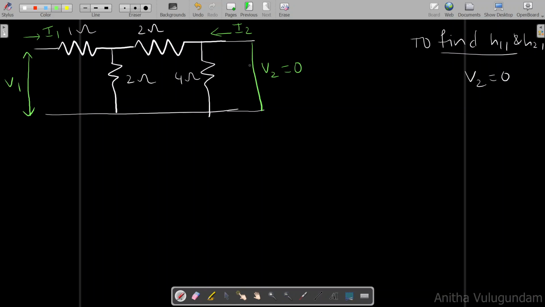If you put V2 equal to 0, here the resistance will be equal to 0. And finding the equivalent resistance for these two resistances, 0 into 4 divided by 0 plus 4 equal to 0. So we can just remove these two branches.